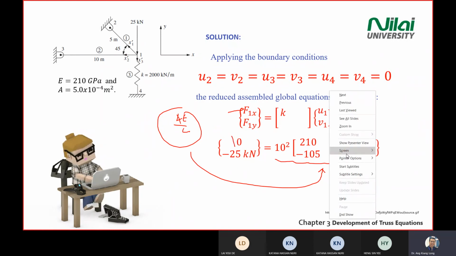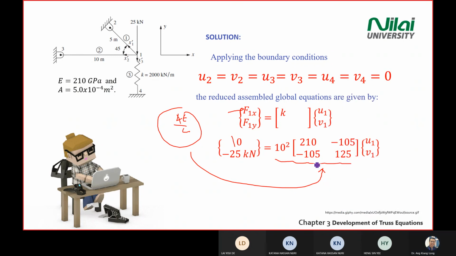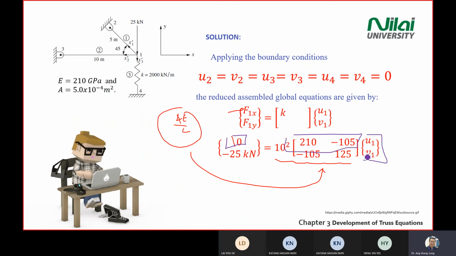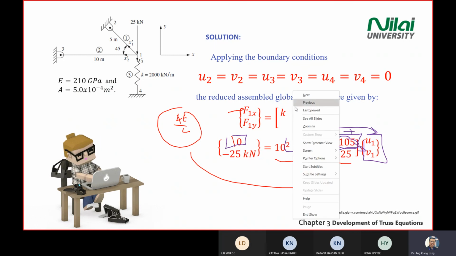Let me change the color just to refresh how to do matrix. This one equals this one times this one. Okay, so again, remember to pull in the 10 power 2, this one plus this one times this one. Then the same for the other one.